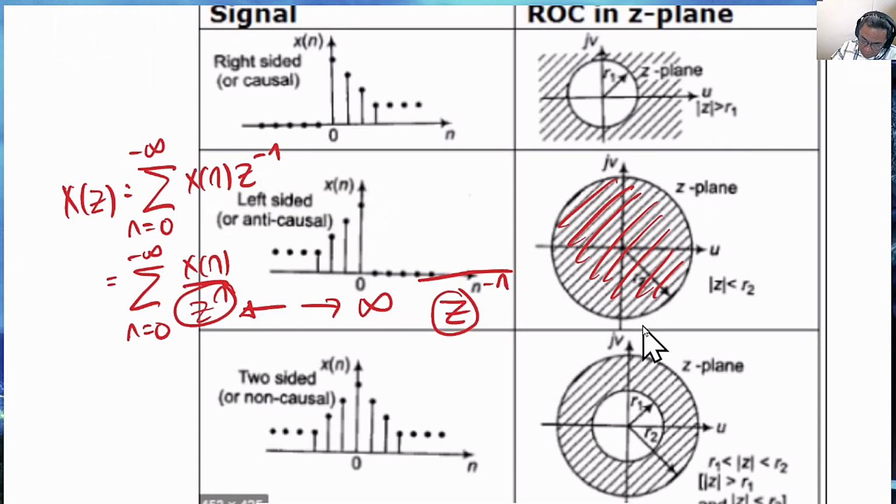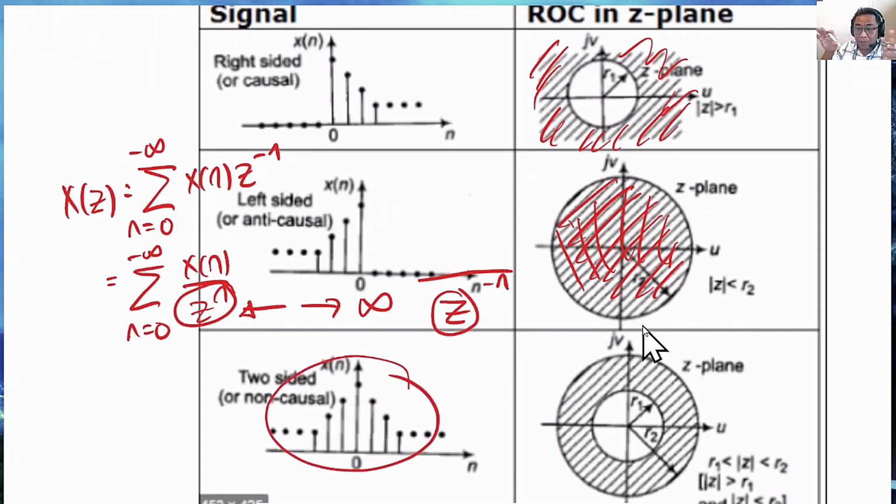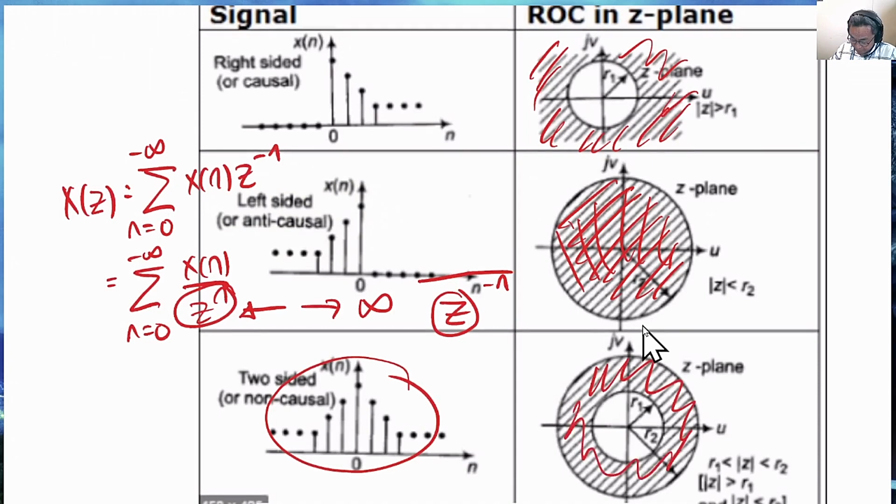So compared to the right-sided causal sequence, in the causal sequence the region of convergence is external to the pole position. While in the anti-causal signal, the region of convergence is inside a ring. So to conclude, if we have a two-sided sequence that extends from negative infinity to infinity, then this condition may happen.